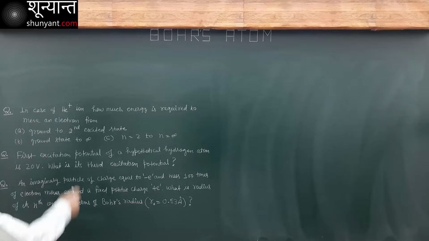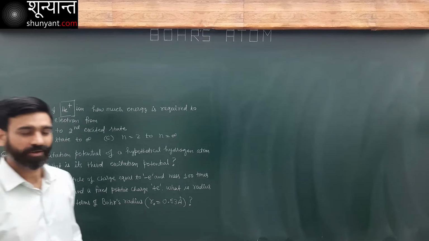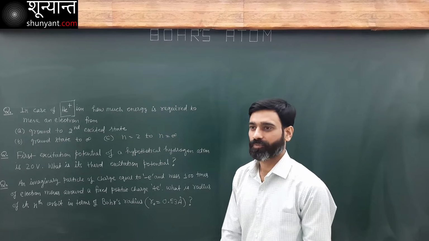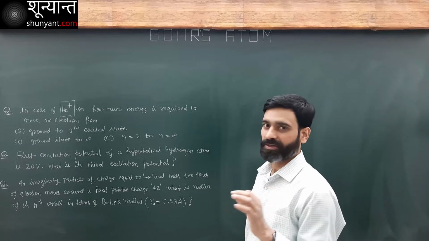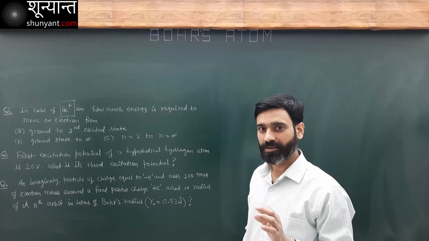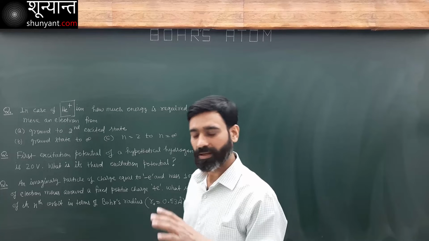In case of helium, now the atom has changed. It's an ion, no big deal. It should be a one electron system, that's it. Atom or ion, one electron system. If it is a one electron system, I can apply Bohr's law.